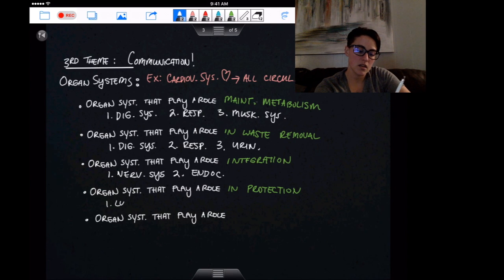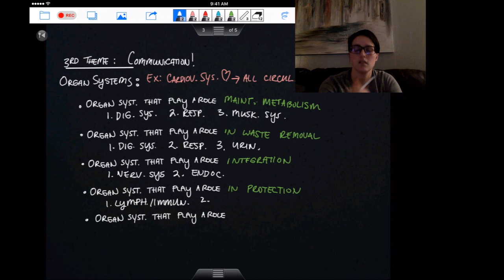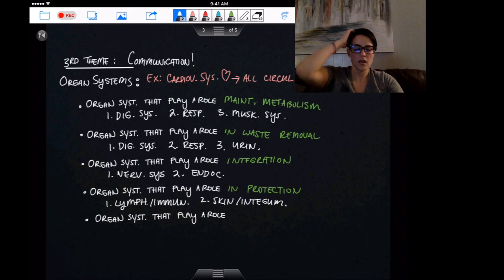So that would be lymphatics, our lymph system. We'll write lymphatics and immune system. Those two go hand in hand. The second one, what about our skin? Yeah, also skin or integumentary system.